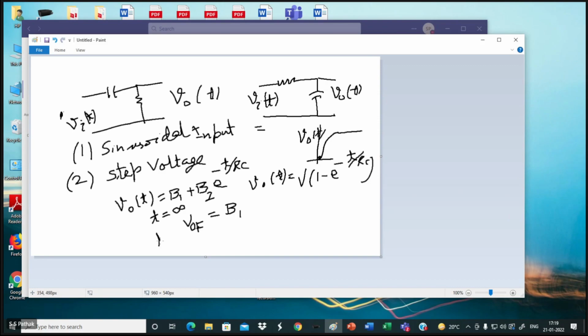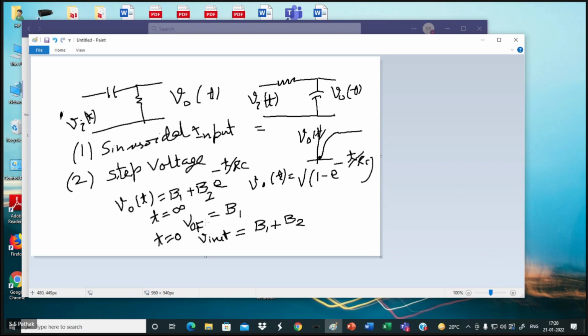What happens at t equal to 0? Another limit will come. My V naught will be the initial value, initial V naught. Okay? And that will be given by B1 plus B2. So B1 is your V in the final voltage. B1 plus B2 is the initial one.